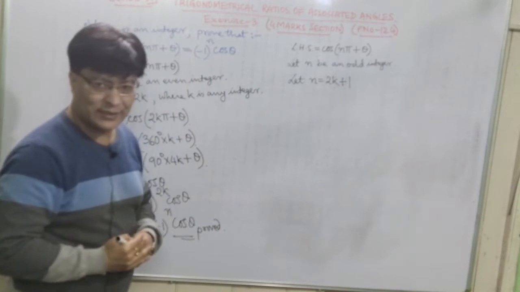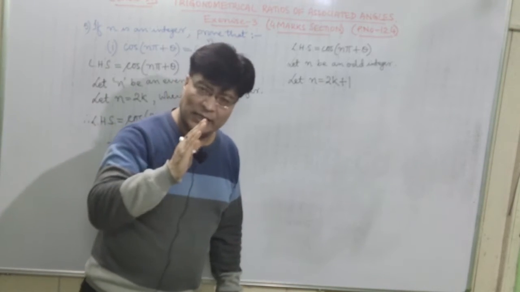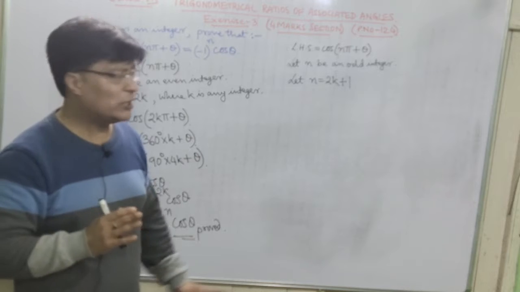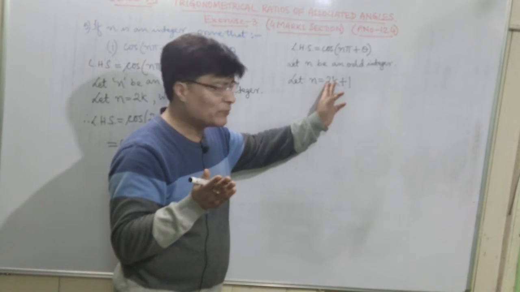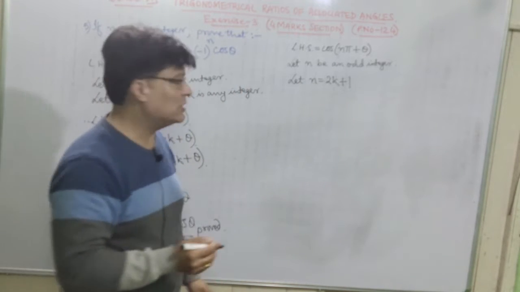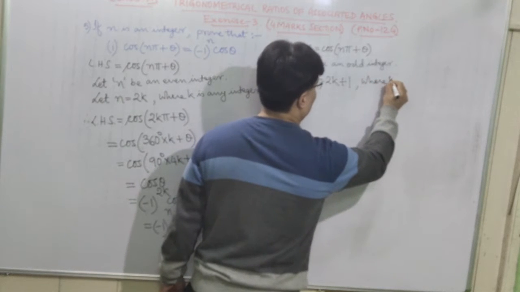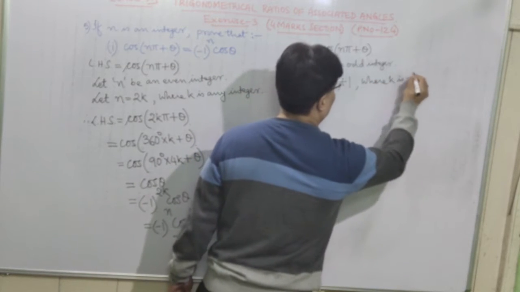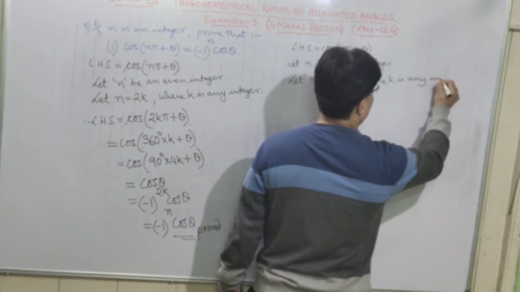2k plus 1, right? You know that 2k is an even integer. If an integer is multiplied by 2, it will be an even integer. So यो 2k के भयो? Even integer. Even integer मा plus 1 गर्ने बित्तिकै के भयो त्यो? Odd integer. But here you have to write where k is any integer.